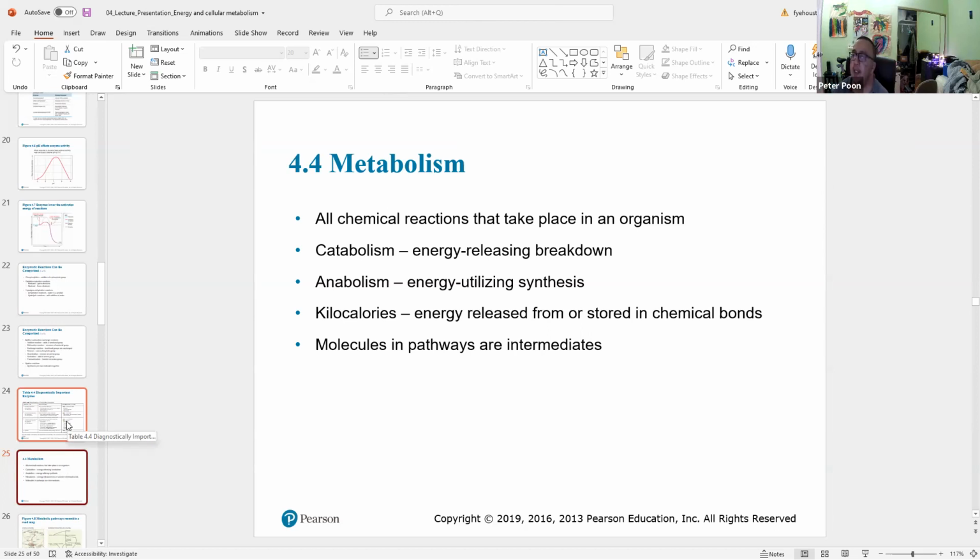Catabolism is when you break apart things. You catabolize things. You take things and break them apart into smaller bits. Whenever you break things into smaller bits, you usually release energy.